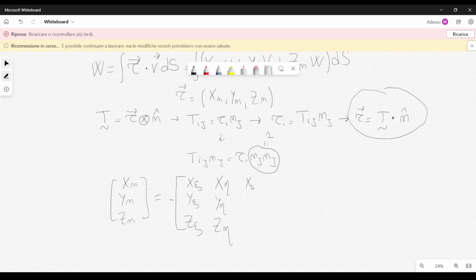The third column will be x zeta, y zeta, z zeta, and this multiplies the normal, and the normal to a sphere can be written in this fashion. We have xi over rho, and this rho is defined as in the previous video, so it's the square root of xi squared plus eta squared plus zeta squared. Then I have eta over rho, and then I have zeta over rho, like this.